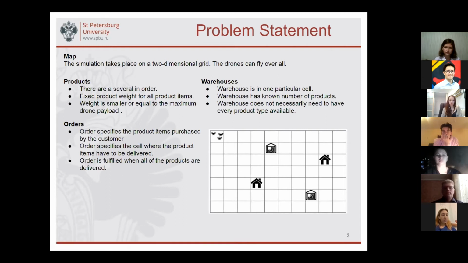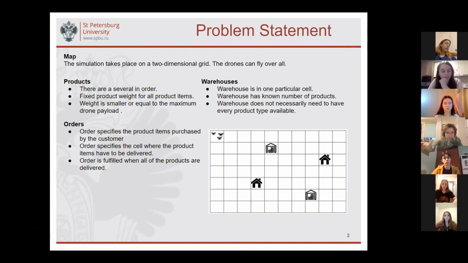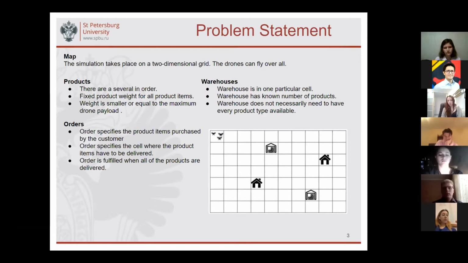Each warehouse is located in one particular cell. Each has some number of product items of each product type, and warehouses do not necessarily need to have every product type.